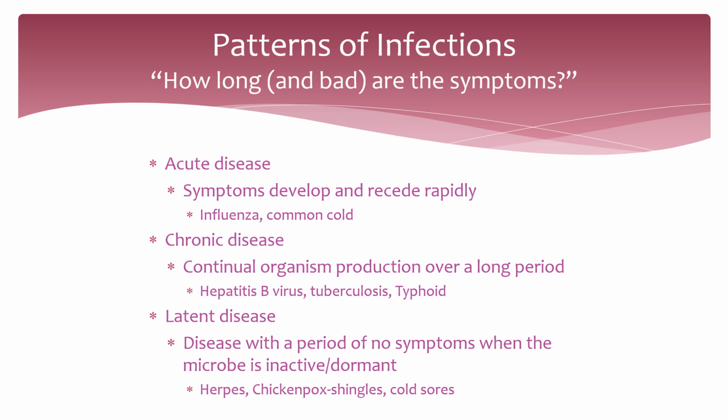And then eventually, potentially, you get over it, like typhoid. A latent disease is going to be a disease where you have symptoms for a period of time and then they go away and then they come back and then the symptoms go away and then they come back. A good example of a latent disease is herpes.